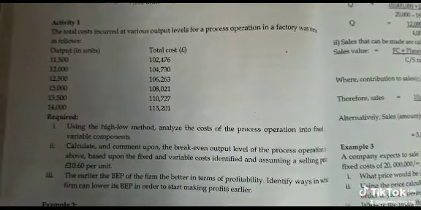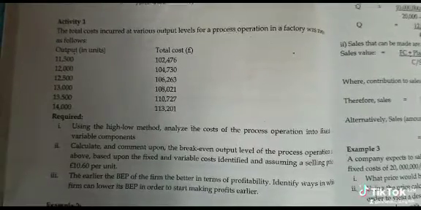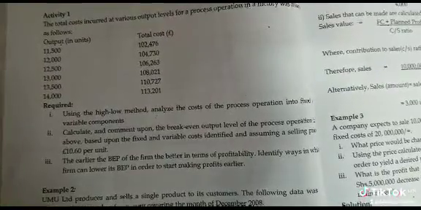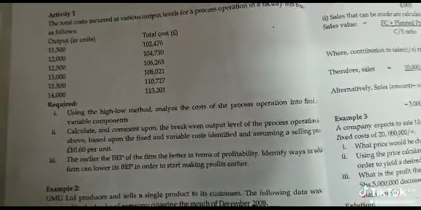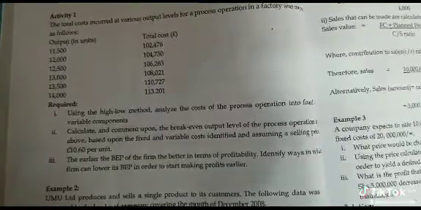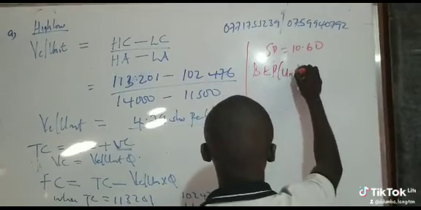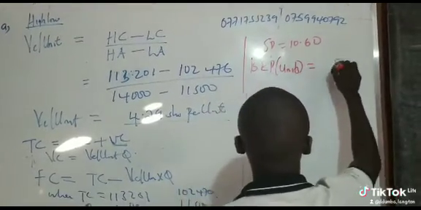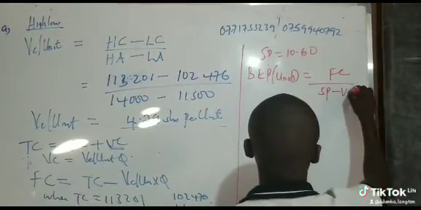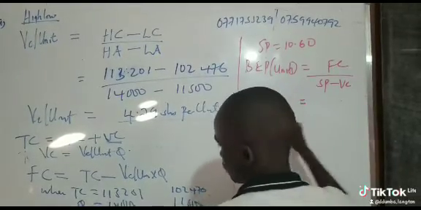They want us to find the BEP in terms of output level, the break-even point. So meaning they want the BEP in terms of units. BEP in units equals fixed cost over selling price minus variable cost per unit.